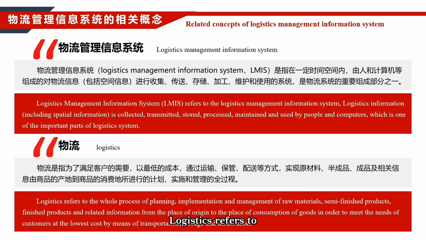Logistics refers to, in order to meet the needs of customers at the lowest cost, through transportation, storage, distribution, and other means, to realize the raw materials, semi-finished products, finished products, and related information, from the place of origin to the place of consumption of goods. The whole process of planning, implementation, and management.